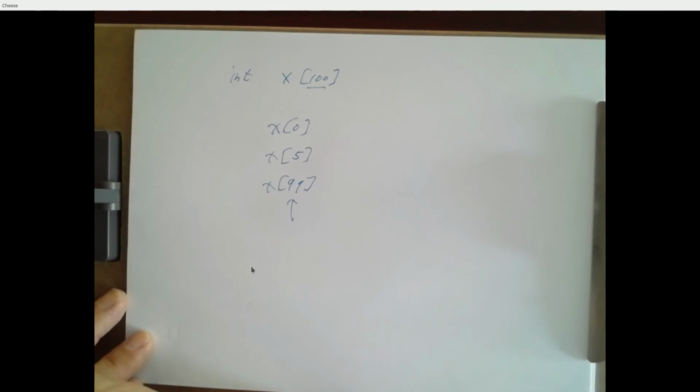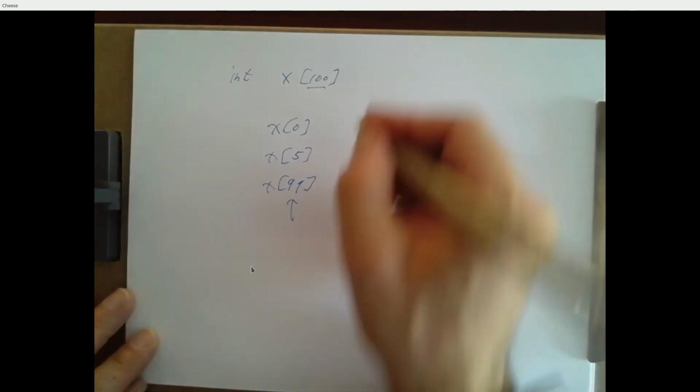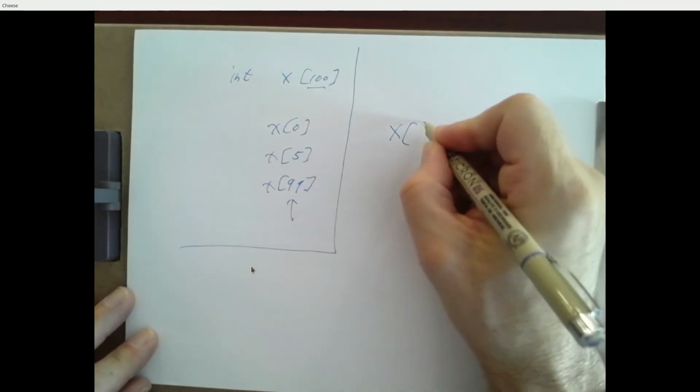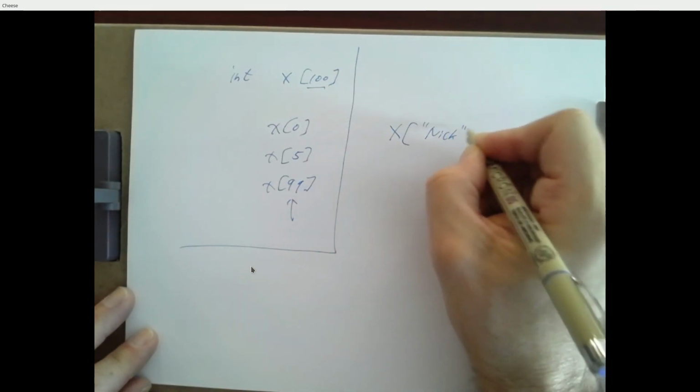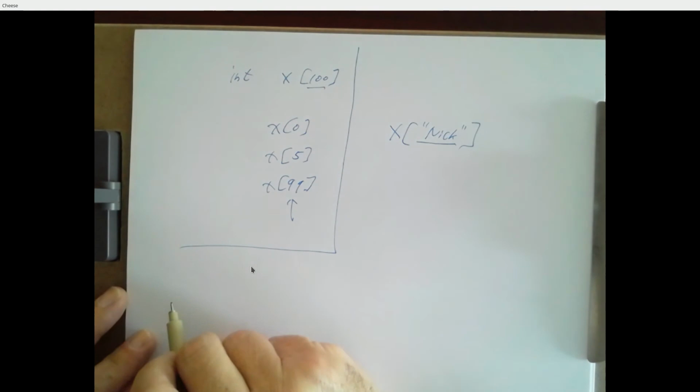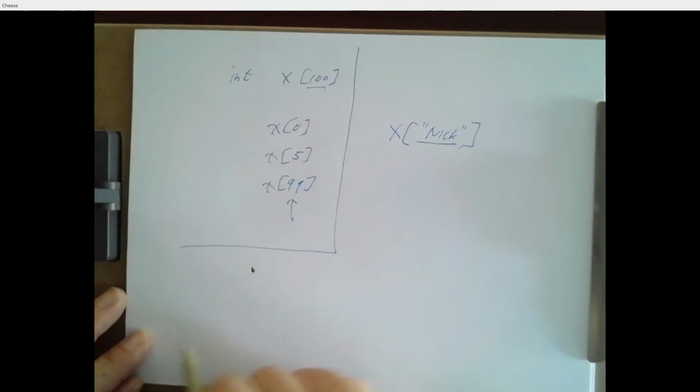If we think of this hash function as being in the mix, we can start thinking of this as an array that we can index with strings. And the understanding is you take this and you run it through your hash function to get a number between 0 and 99, and then you pull off that element.